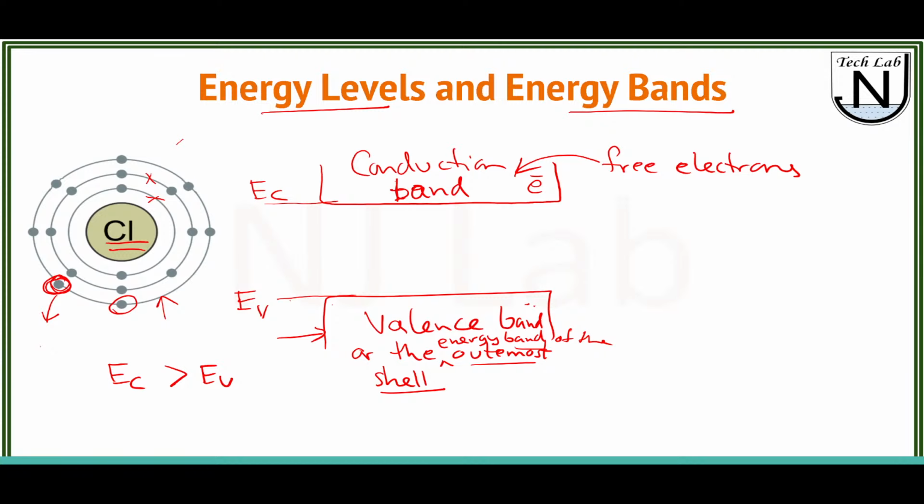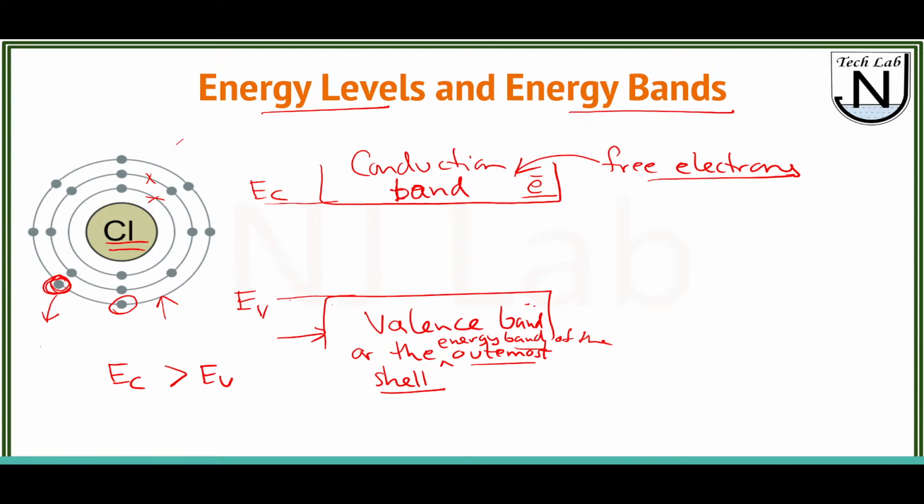So if the electron has that much energy that it can detach itself from the atom, then that electron will be in the conduction band. And if the electron is in the conduction band, then the electron can make current, like current can flow. So to have a current, we should have electrons in the conduction band, right?